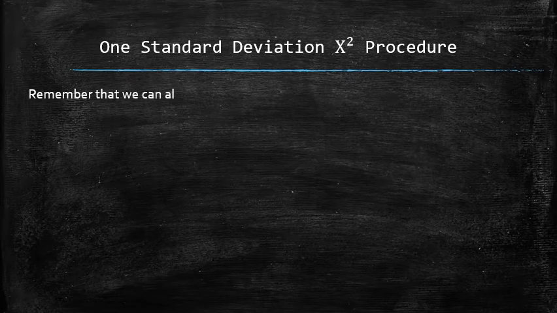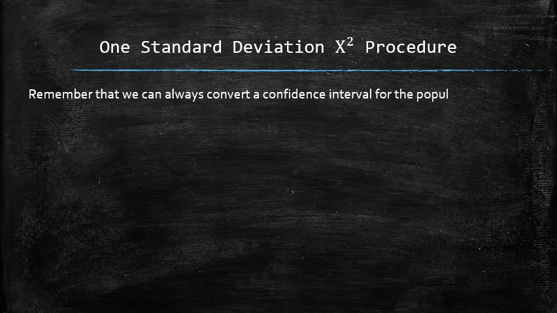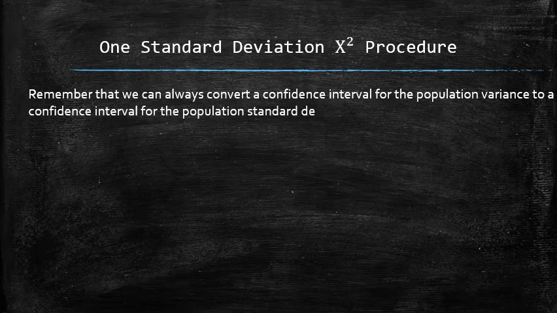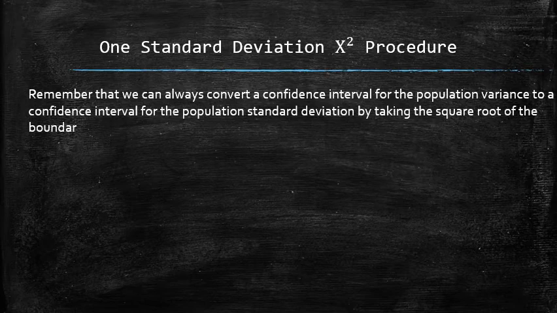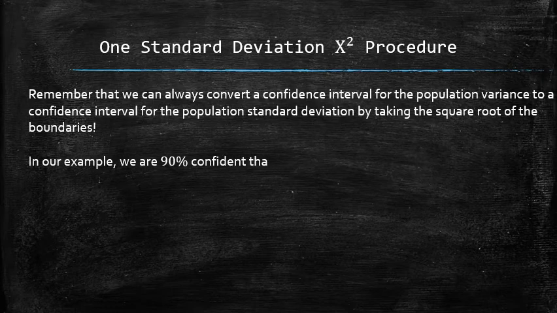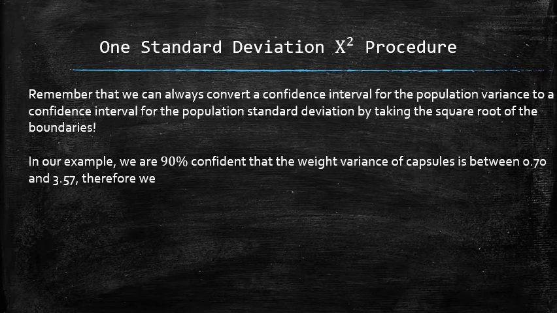Remember that we can always convert a confidence interval for the population variance to a confidence interval for the population standard deviation by taking square roots of the boundaries. In our example, we are 90% confident that the weight variance of capsules is between 0.70 and 3.57.